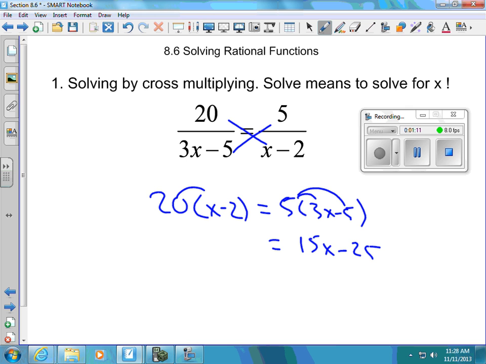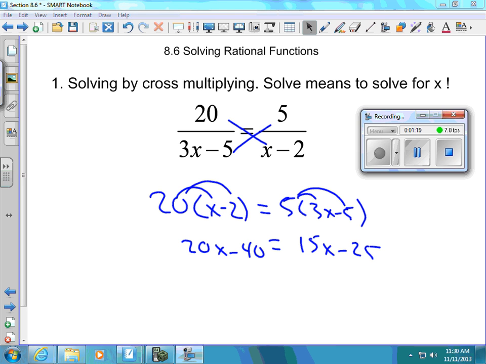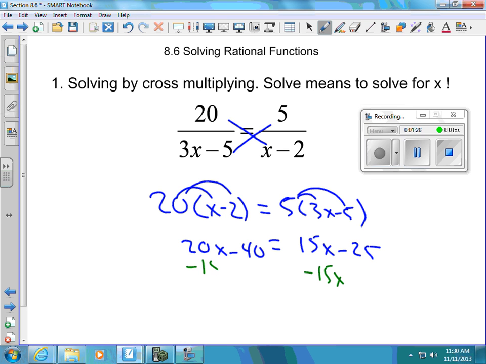And you can distribute the 20 to x minus 2 and get 20x minus 40. So at this point, we need to get all the x's on one side and all the numbers on the other. Subtract 15x from both sides, we get 5x minus 40 equals negative 25.